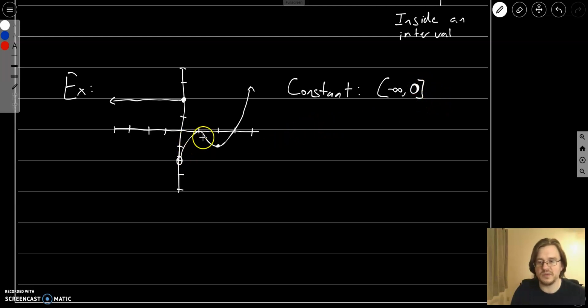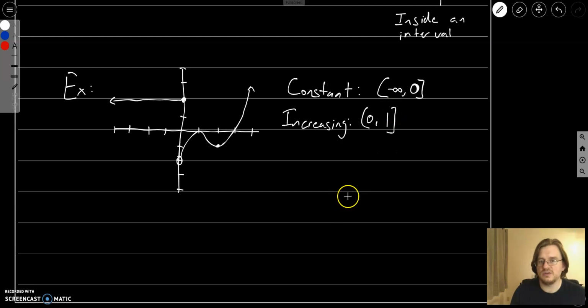The next part will be increasing. So let's write this down. And we can see that we're increasing from 0 all the way up to 1. But we won't include 0 because this is going to be an empty dot, and it's increasing all the way up to 1.